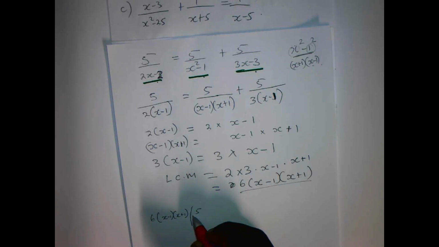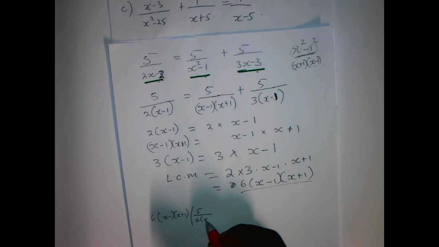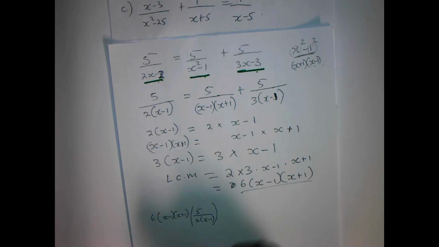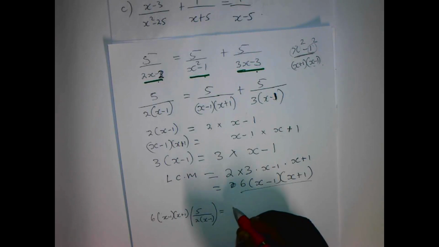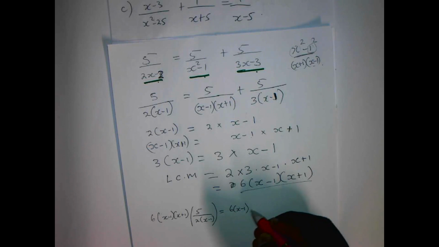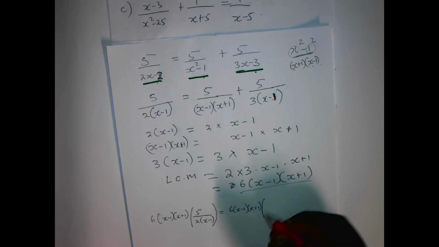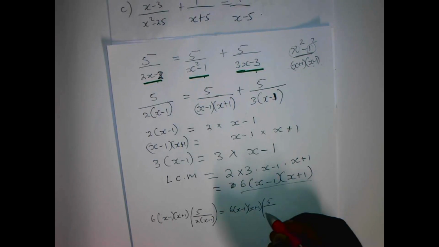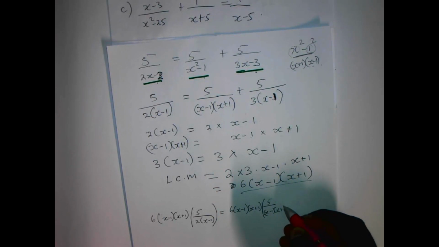5 over 2 x minus 1. I put that bracket. You see what is happening? I'm multiplying by that one. Is equal to 6 x minus 1 x plus 1 multiplied by 5 over x minus 1 x plus 1.